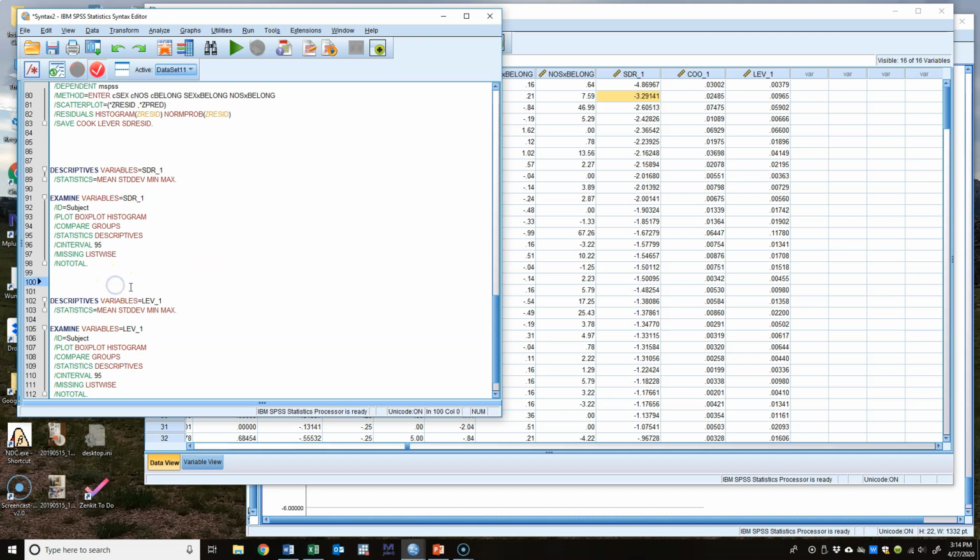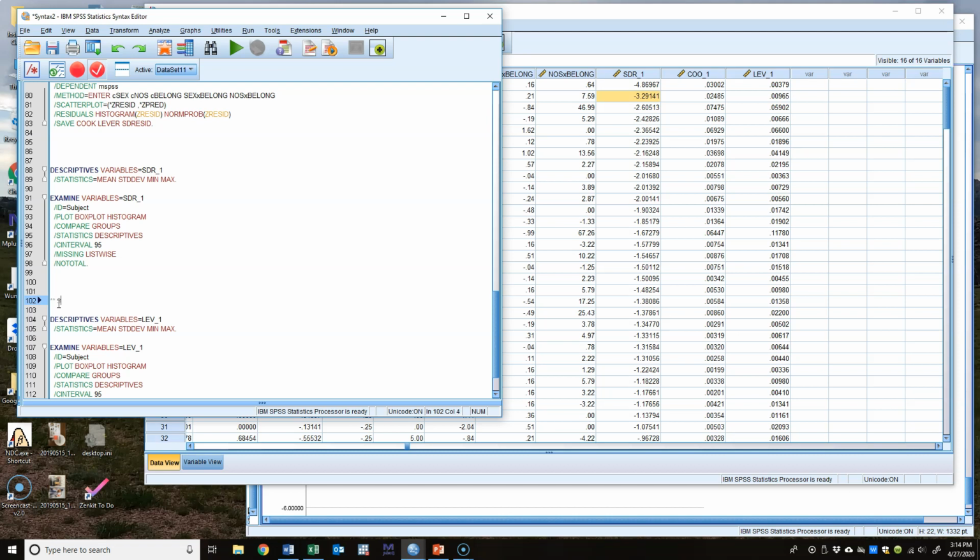Our studentized deleted residuals are nice because they follow a t-distribution, which is asymptotically close to a z-distribution with large samples. My leverage values, though, the criteria for what we identify as a large value depends on how many variables we have in the model, how many people we have in the sample, and so forth.